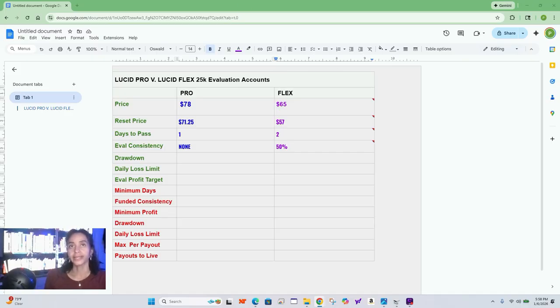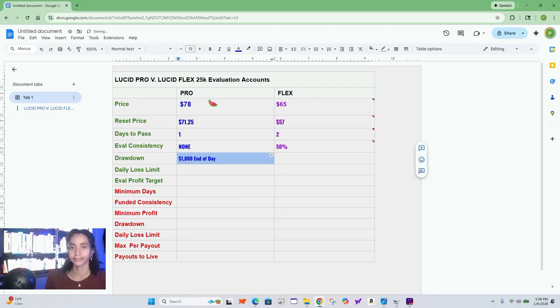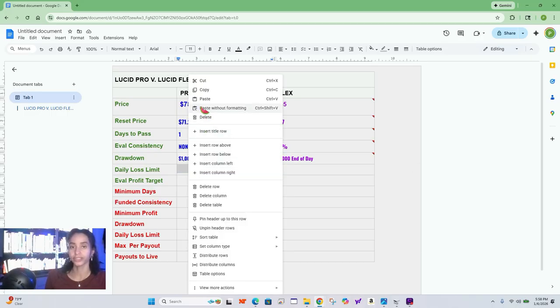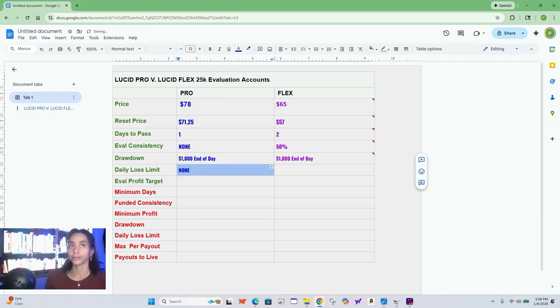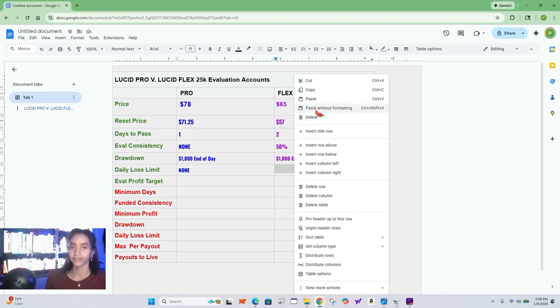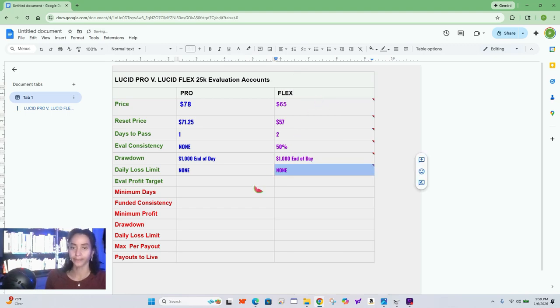Now both accounts have a $1,000 end of day drawdown. In terms of daily loss limit, neither of the accounts have one of those soft breach daily loss limits. Now, careful on this one. If you do get a larger account, then some of the larger accounts may have a daily loss limit. But for the 25K, there is no daily loss limit.